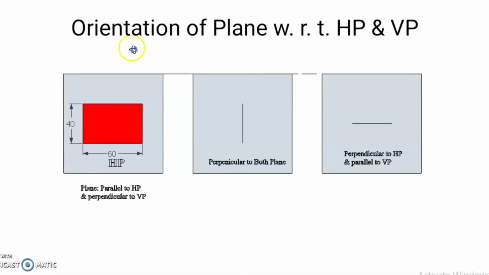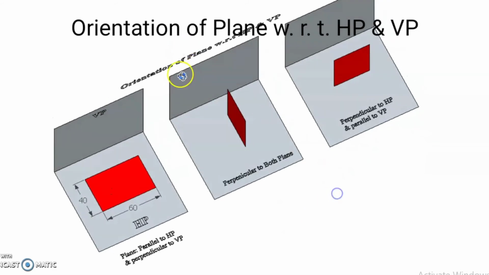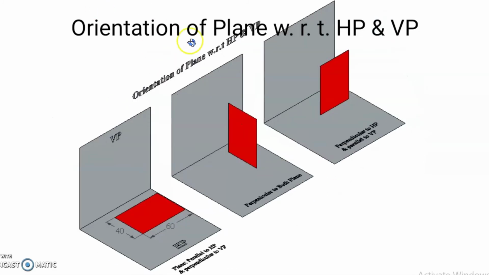In top view, it shows its true shape as it is parallel to HP and perpendicular to VP. In this case, it is perpendicular to both planes, and in this case, it is parallel to VP and perpendicular to HP. So all three views are clear here.